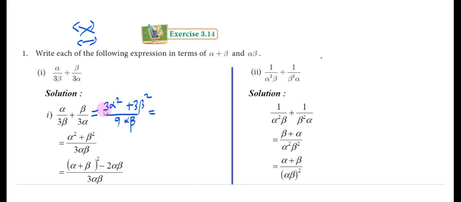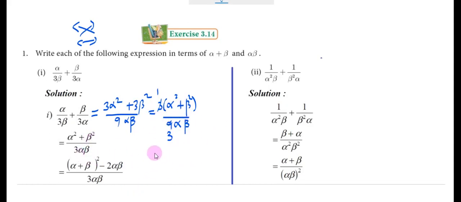Here 3 is common, so take 3 outside: 3 into alpha square plus beta square by 9 alpha beta. Now apply the 3 table to cancel these numbers. 3 1s are 3, 3 3s are 9. So alpha square plus beta square divided by 3 alpha beta.